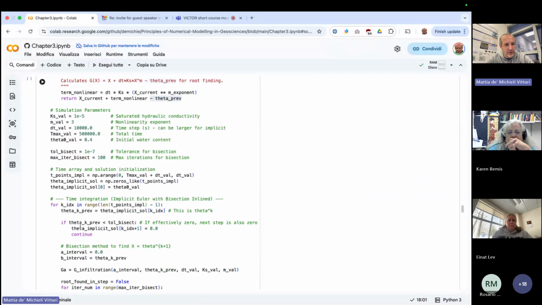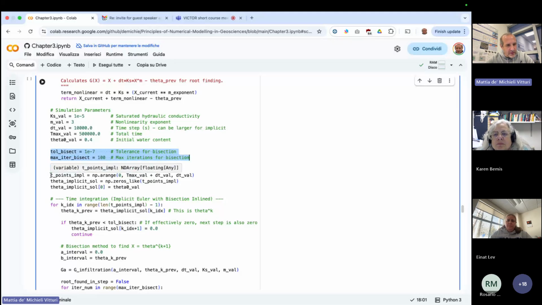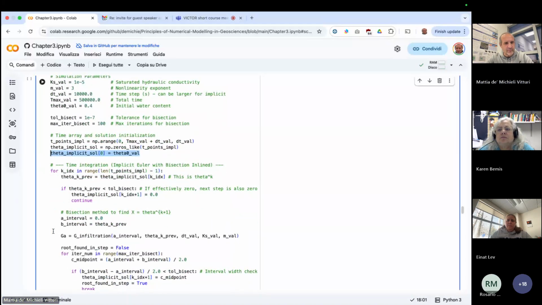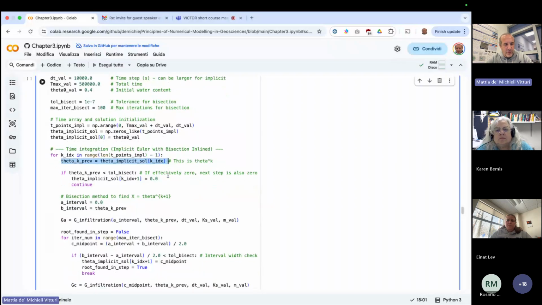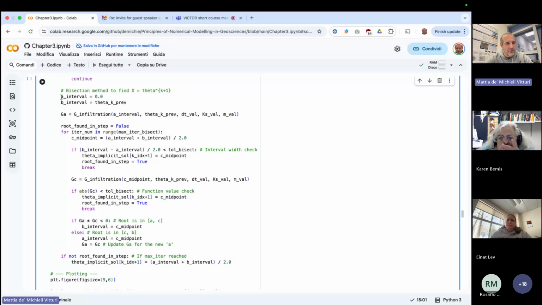And so here we are doing exactly this thing. We create our parameters. We define the tolerance and the maximum number of iterations for the bisection method. We create the array for the times, the array for the implicit solution. We initialize the implicit solution. And then we have now at each time step to do what we have done in the previous script.